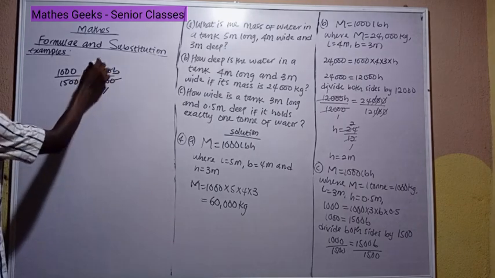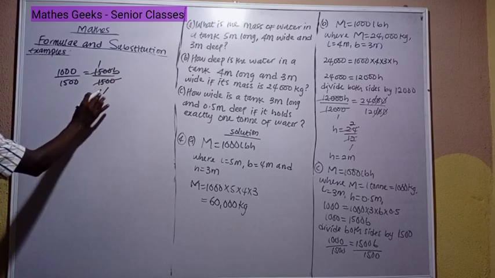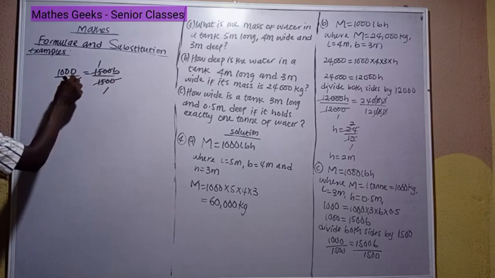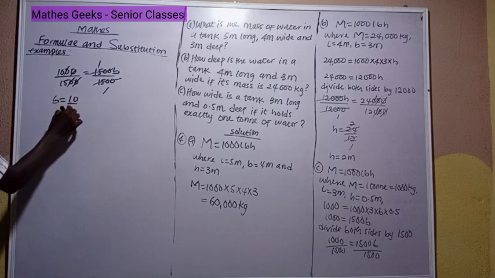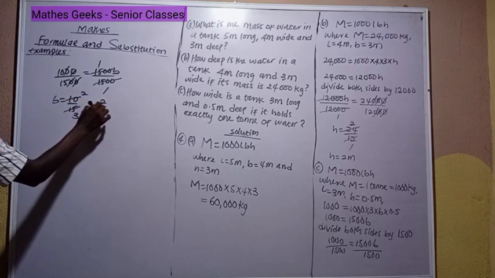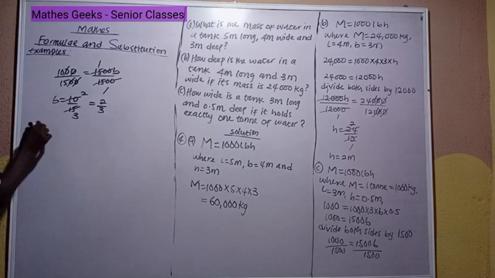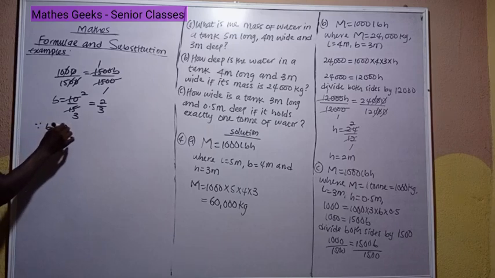This will cancel this. So B is equal to 1000 over 1500, which is 10 over 15. 5 into 10 is 2, 5 into 15 is 3. This is equal to 2 over 3. So therefore B is equal to 2 over 3 meters.